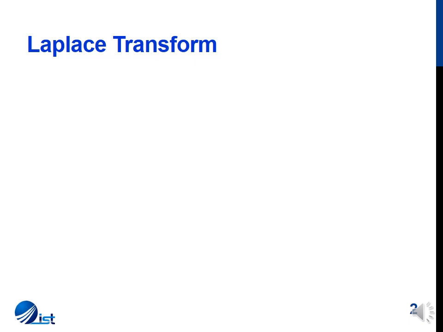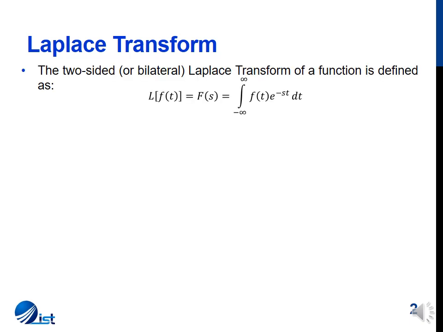Laplace transformation is defined as follows. The Laplace transform of f of t, which is F of s, is obtained by multiplying the function f of t by a complex exponential e to the power minus st, and integrating over the interval from minus infinity to plus infinity. So what is happening?